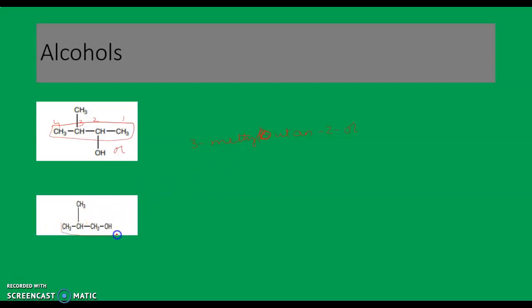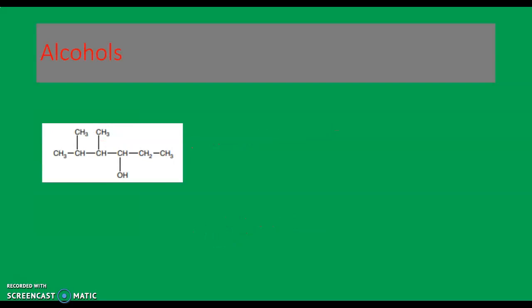In this compound, I've got again 1, 2, so I'll start with this, 1, 2, 3 carbons. So this is propanol. I don't need to put 1-ol. At position 2, I've got methyl, so it's 2-methylpropanol. Long chain, so you would start numbering from the side so that the alcoholic functional group gets the lower number.